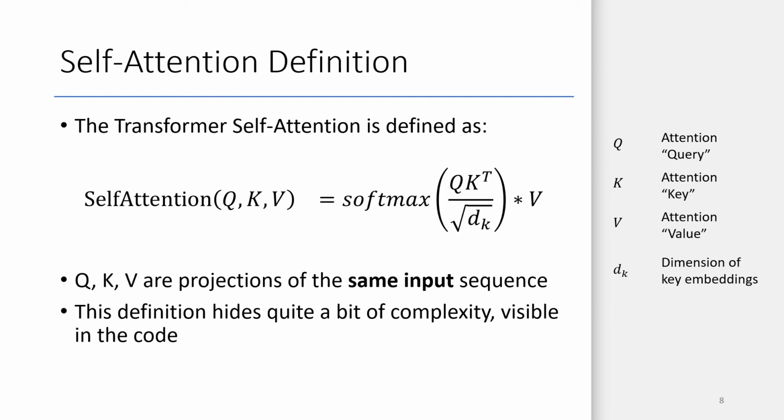But let's just assume we have our projections, and then we matrix multiply query and key and divide it by a scaling factor. And the scaling factor is the square root of the key embedding dimensionality. After we ran it through the softmax, we also multiply it with the value. So now we get out our attended values.